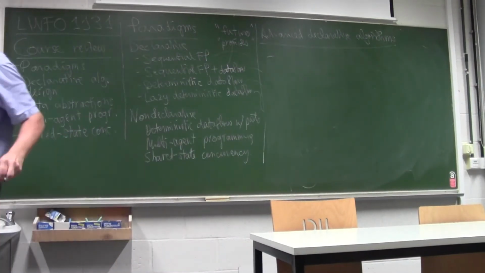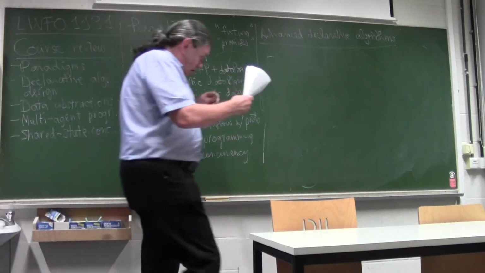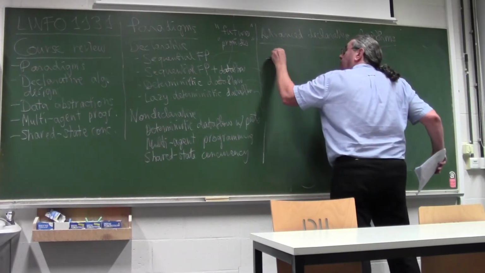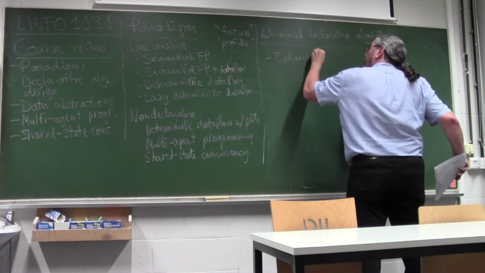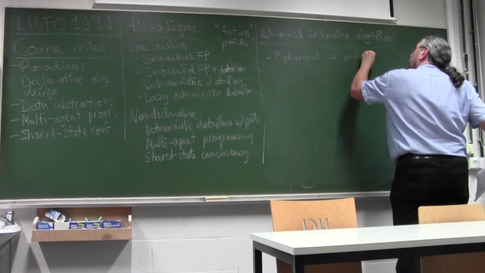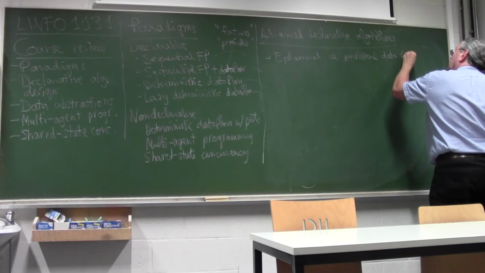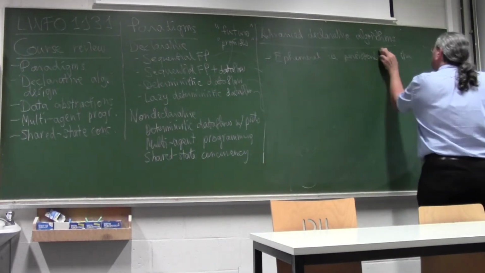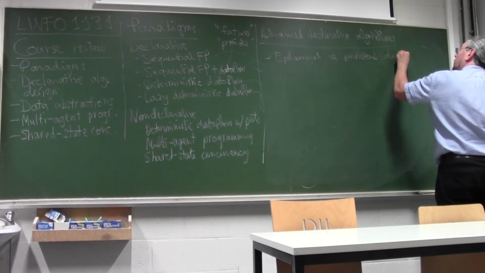What I want to show you now is things we saw already in the course, but maybe a little bit complicated. So the first thing I want to explain is the difference between an ephemeral versus persistent data structure. Actually, ephemeral versus persistent algorithm. Let me say it like this.